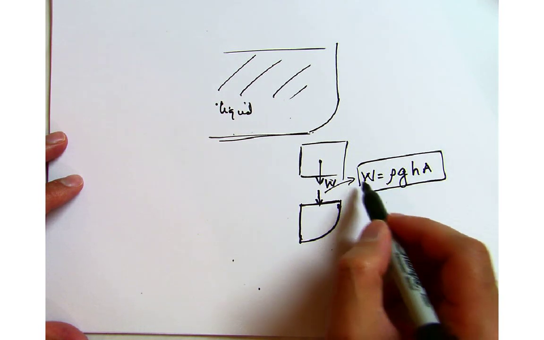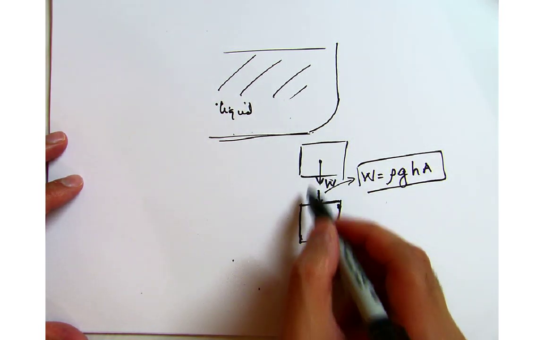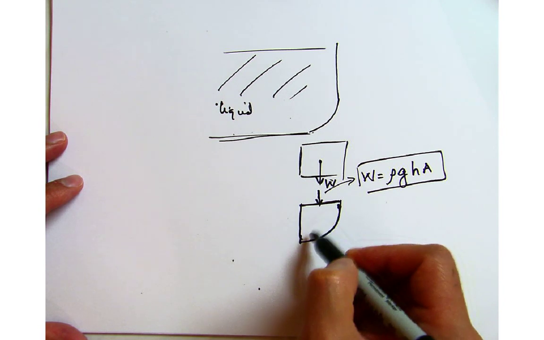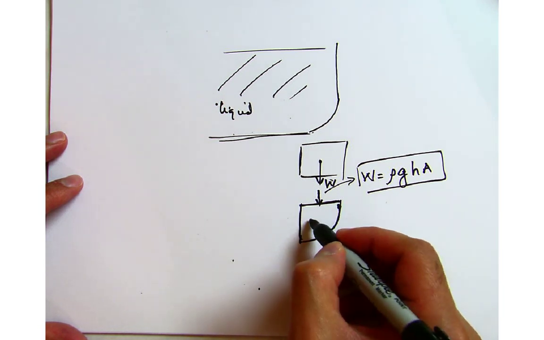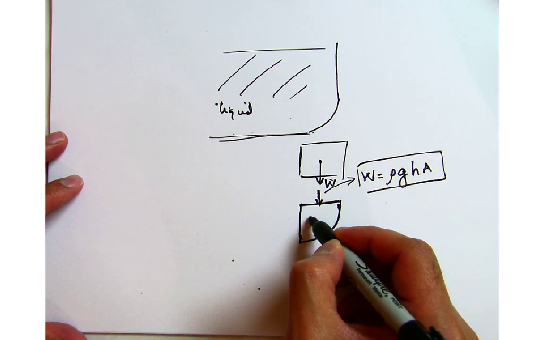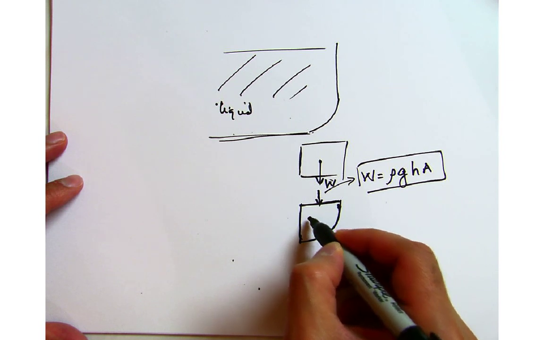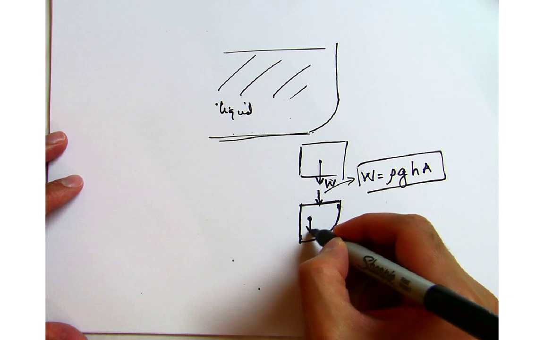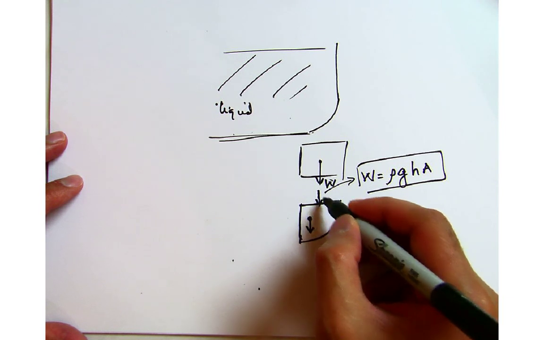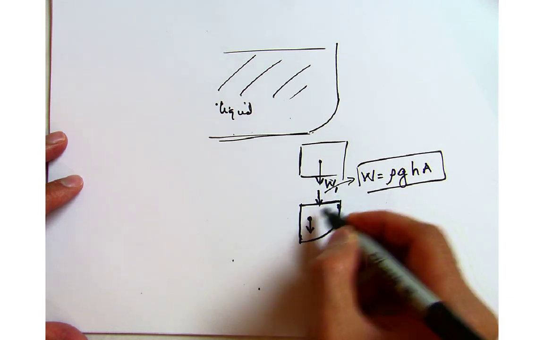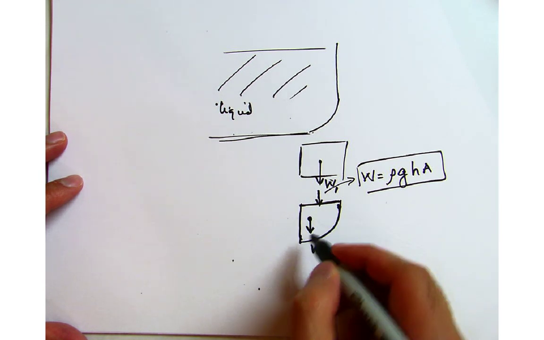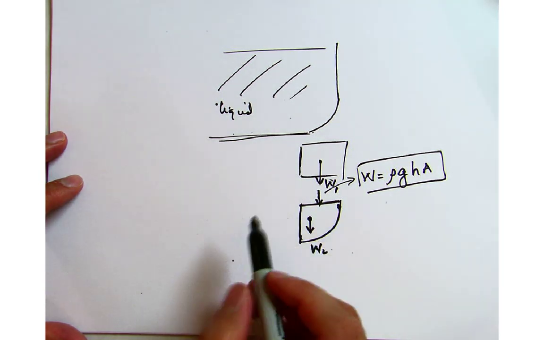So that will be the weight of the fluid that is sitting on top of it. At the same time this fluid has its own weight, which will be acting at the centroid. If this is the centroid of this shape, the weight of this will be acting somewhere over here. So you have W1 and then you have W2, which is the weight of this one.